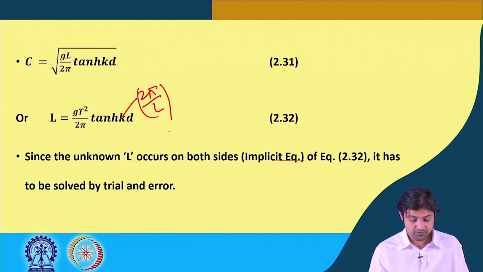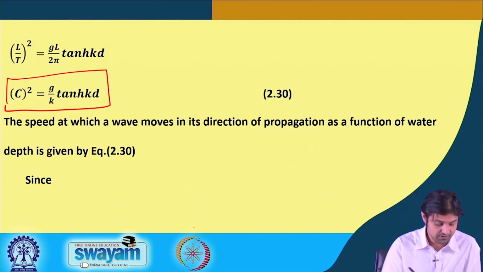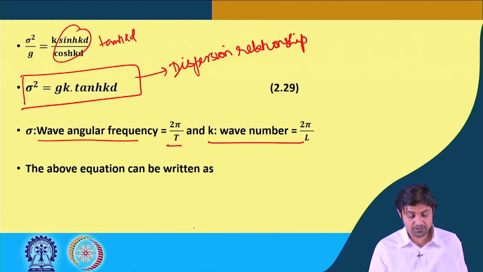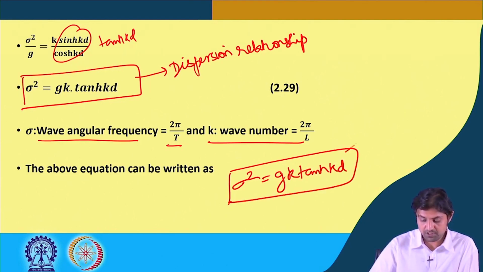So, this is the famous dispersion equation, σ² equal to gk tanh kd, which you must remember.